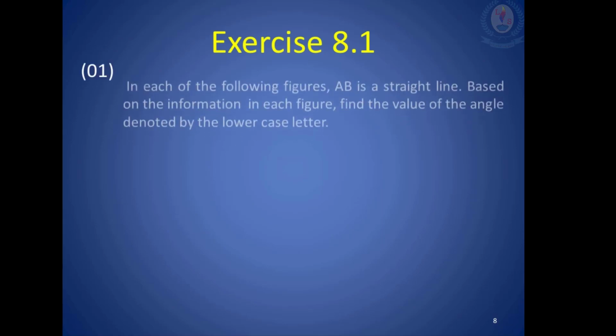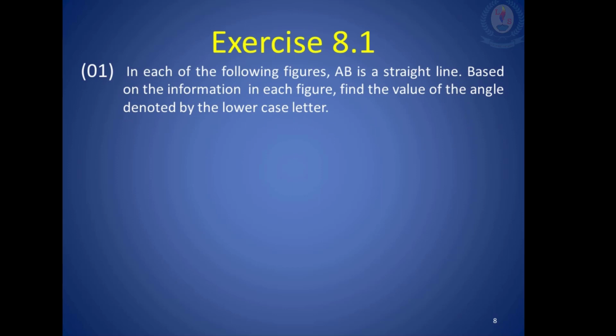Question number 1. In each of the following figures, AB is a straight line. Based on the information in each figure, find the value of the angle denoted by the lowercase letter. It's given AB is a straight line. We have already known the sum of the magnitudes of the angles on a straight line is 180 degrees. In here we can see two adjacent angles. What are they?